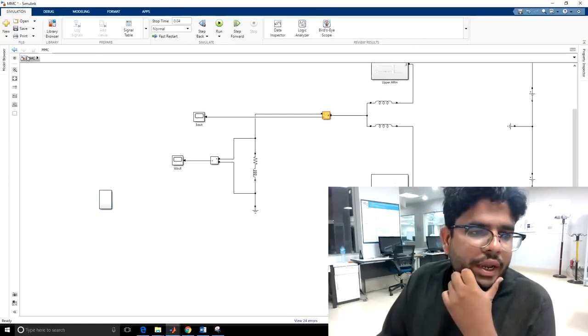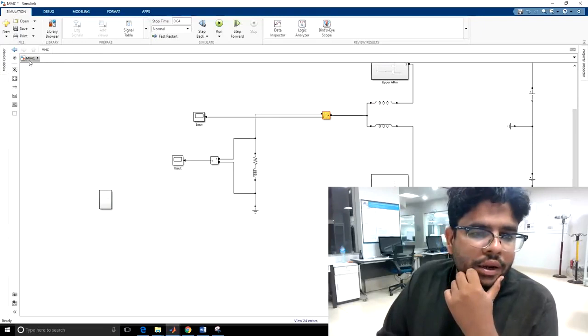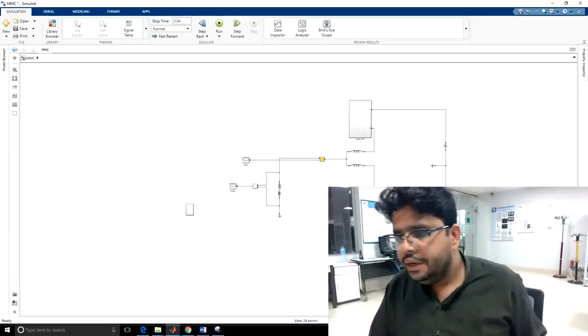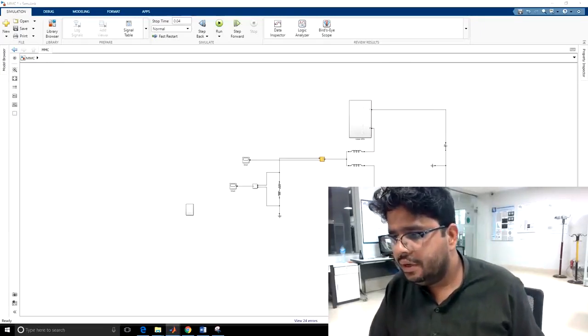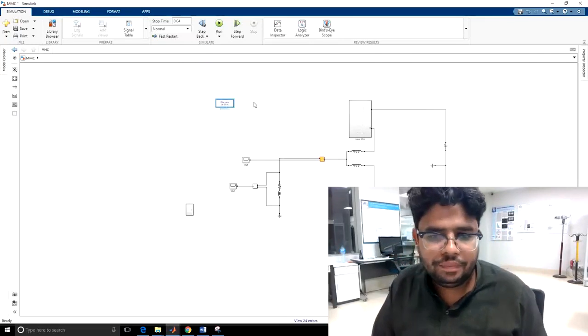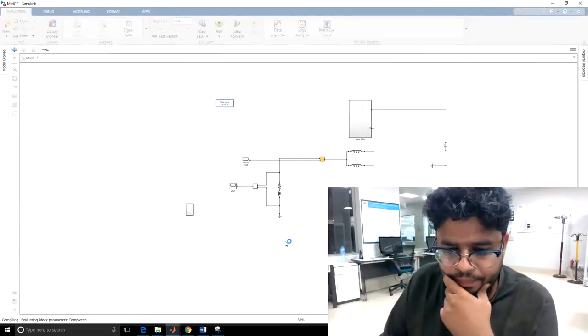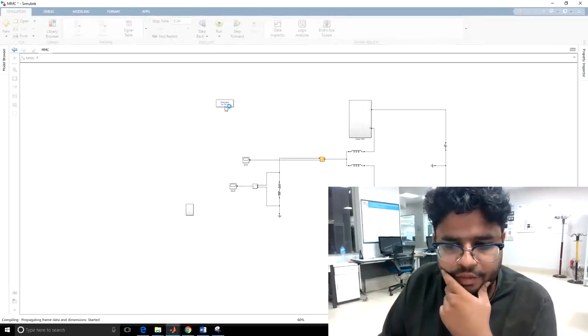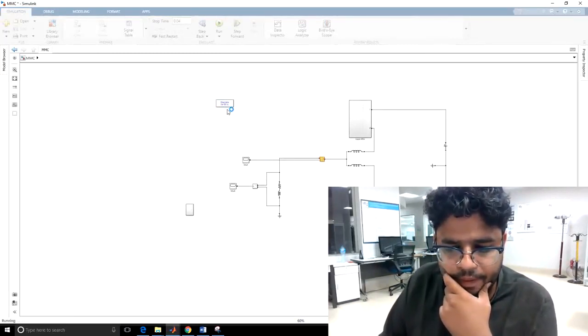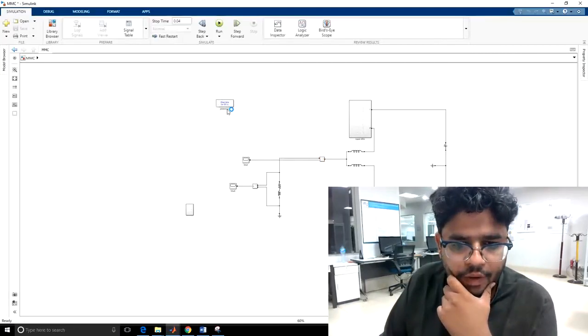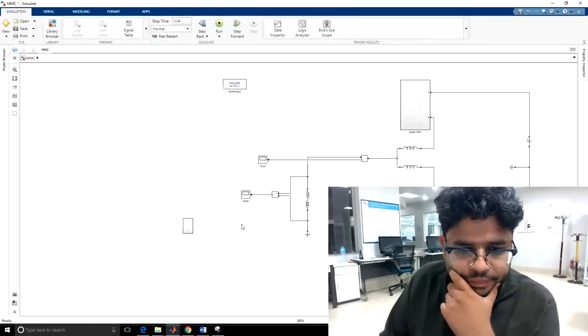Okay, we have not taken the powergui, so let's take this powergui. You can take this powergui from the library browser. Now let's run it again and see the output.